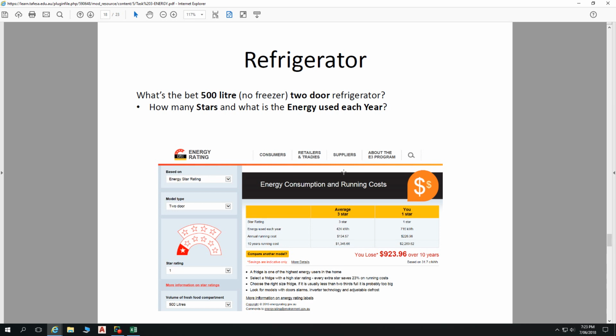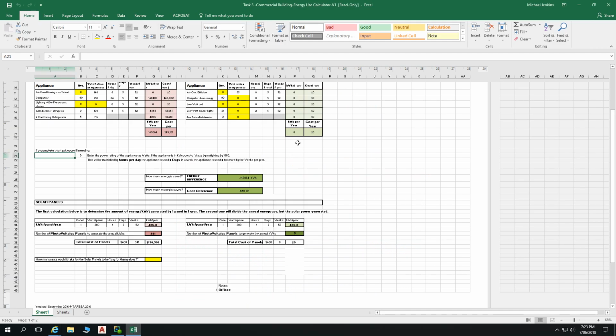But that's a very simple calculation. That's fairly simple once it's all populated.